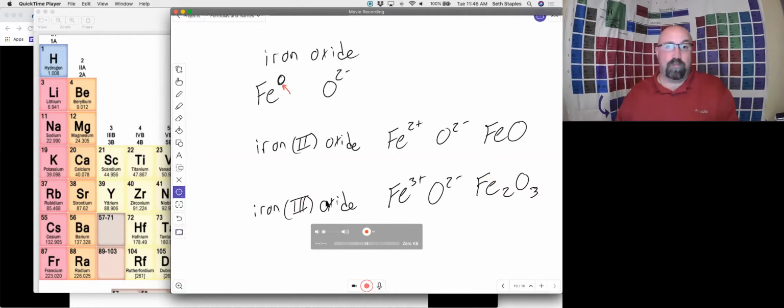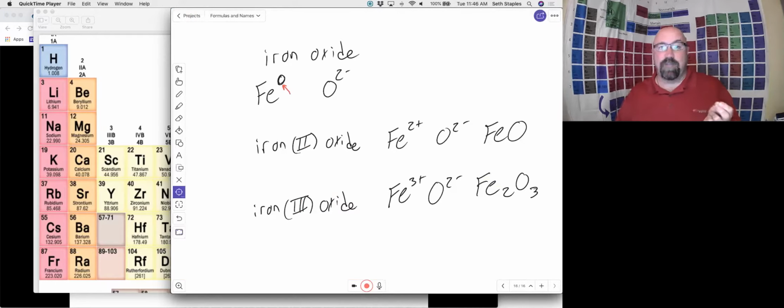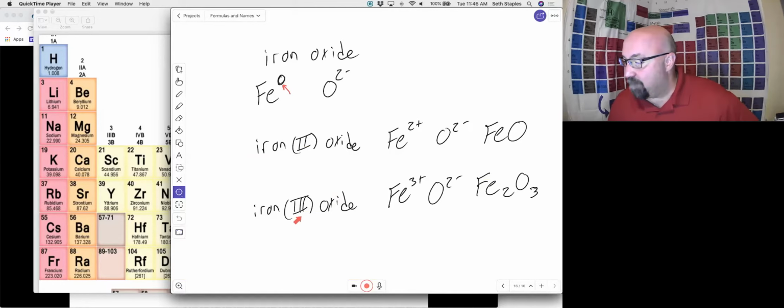You have to. If you do not, it is incorrect. For this reason up above, if you just write iron oxide, I've got no idea which of these iron compounds you're actually talking about. And these are very different compounds, which will have very different properties. So if it's a transition metal, we absolutely have to list the charge as part of the name. That's part of the naming rules.